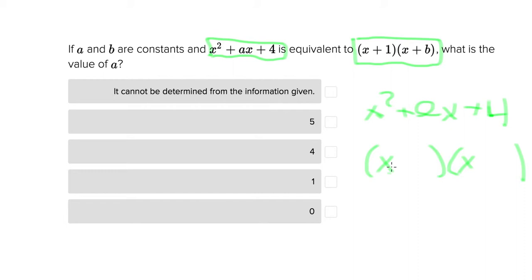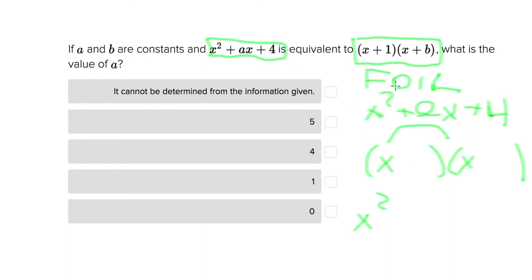So I started here with x because if you remember FOIL, what you first do when multiplying the values in parentheses of the form x plus some numerical value is multiply the first terms, so that you would get x squared, and that looks exactly like the x squared in the given function. But then to get an ax, we would need values that we're not sure of.